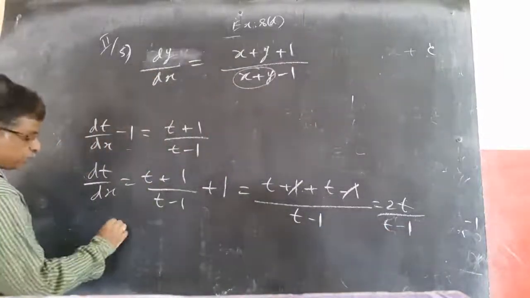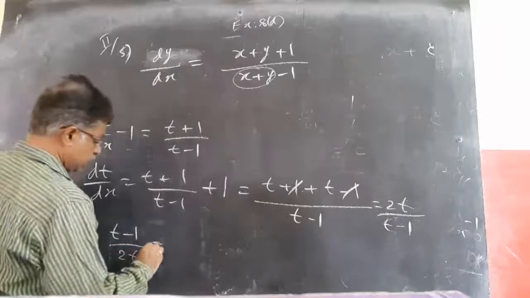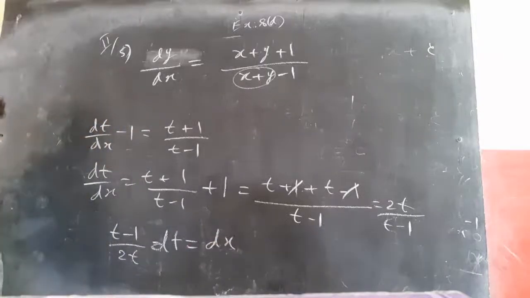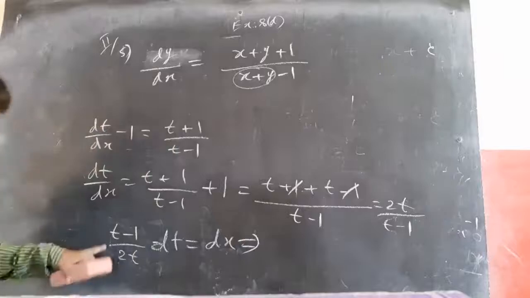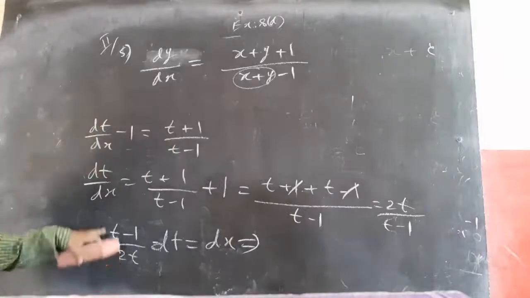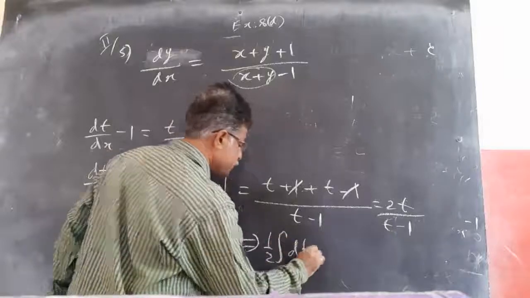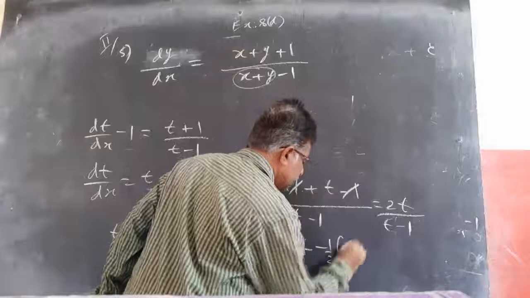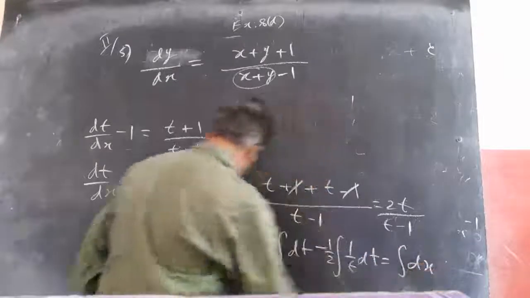Now variable separable, if I do (t minus 1) by 2t dt equal to dx. Now integrating on both sides, if I split it, t by t is 1. So what I want to say is 1 by 2 integral of dt minus 1 by 2 into integral of 1 by t dt equal to integral of dx.